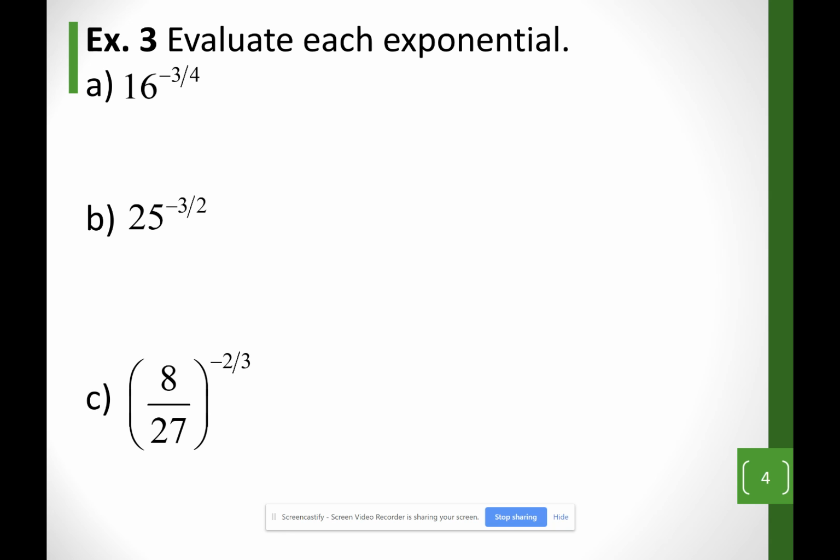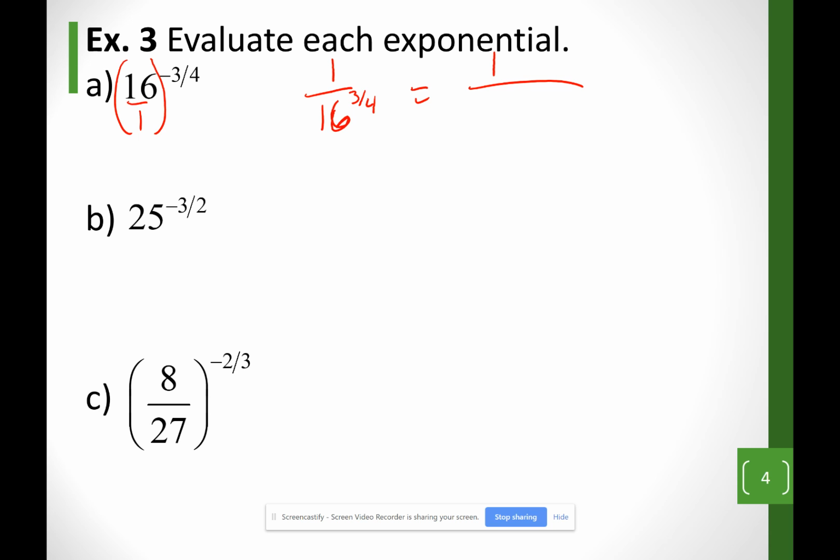Now, let me see this as a negative exponent. When we're dealing with negatives, 16, I'm going to see it as 16 over 1. Now, the negative, all it's going to tell me is flip the fraction. So I have 1 over 16 to the 3 over 4. Notice I made it positive 3 over 4 now. So I have a 1 on the top.